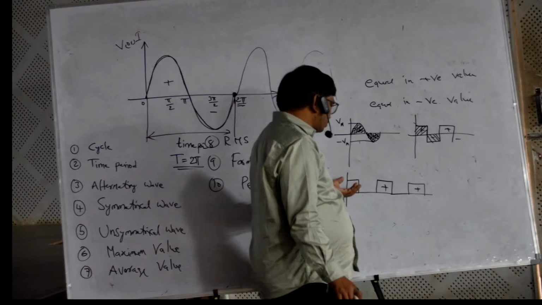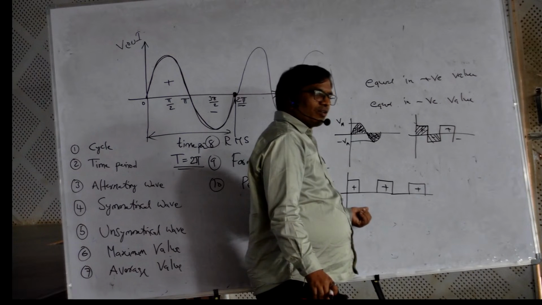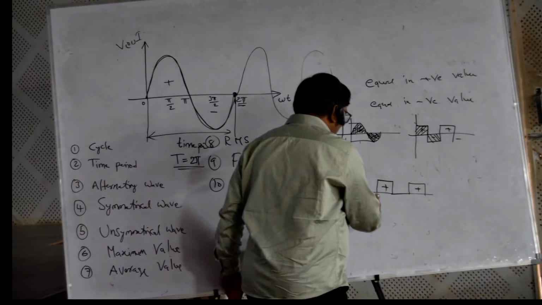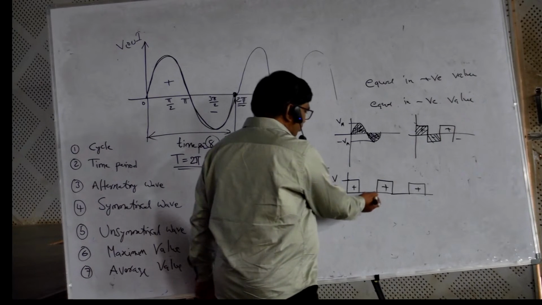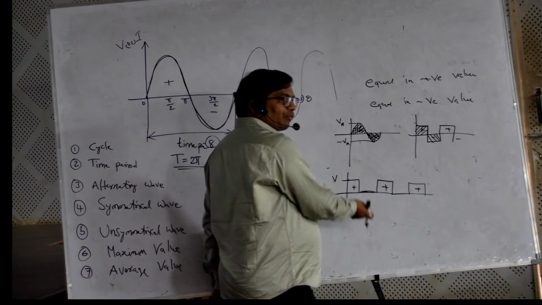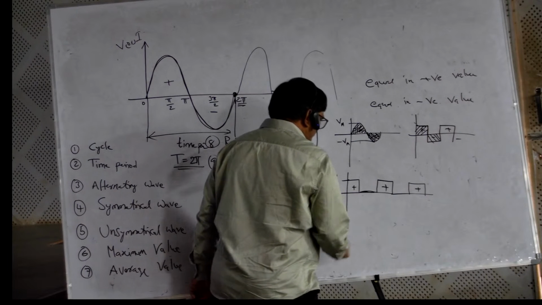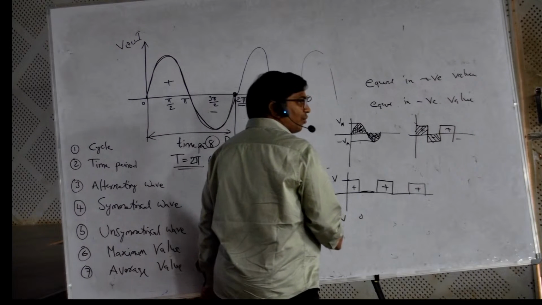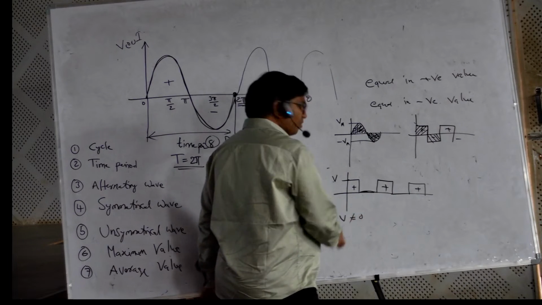Equal in positive value, equal in negative value. Is a negative value there? No, negative value is 0. If the positive value is V, the negative value is 0. We are not having any negative value. Positive value is plus V, negative value is 0, so they are not equal.